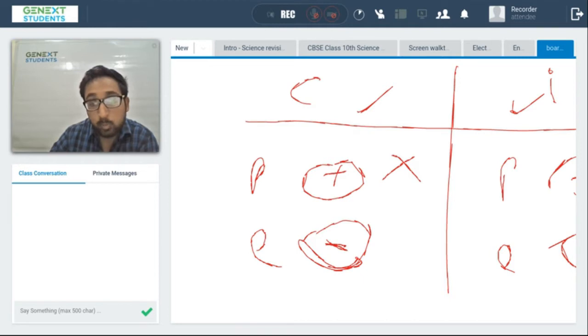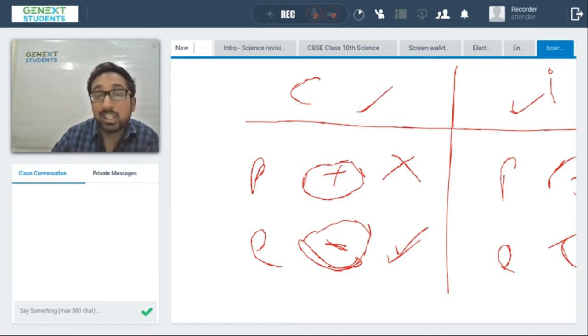There is only movement of electrons. Electrons are free to move in conductors. And what is an insulator?